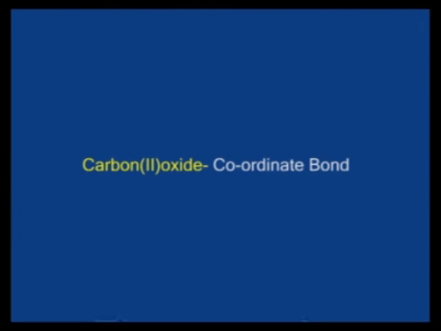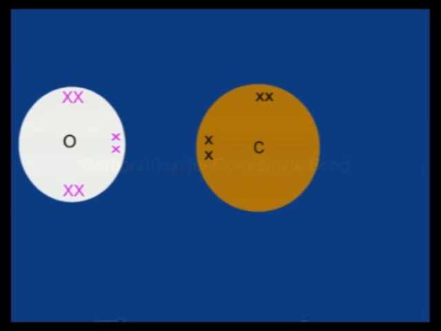Another coordinate bond exists in carbon-2 oxide, commonly called carbon monoxide. Now, this molecule has one carbon and one oxygen. A carbon atom has 4 valence electrons and thus needs to gain 4. On the other hand, an oxygen atom has 6 valence electrons and needs to gain 2 more to fill the outermost energy level to make it stable.